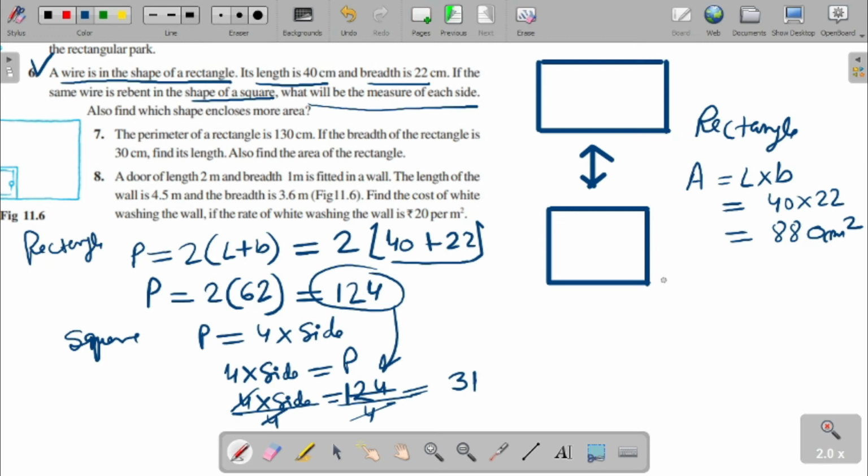So this is the rectangle. In case of a square, area is side into side, that is 31 into 31. It will come as 961.